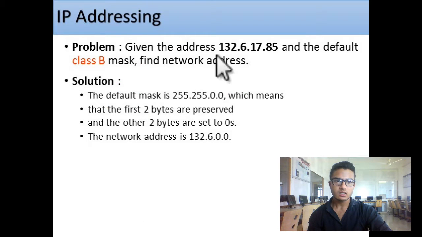Another example: this IP is given to you, and the default class is B because 132 is given. Then the default mask is this. It means 2 bytes are preserved, the same number, and 2 bytes are set to zeros. You will get this network address.